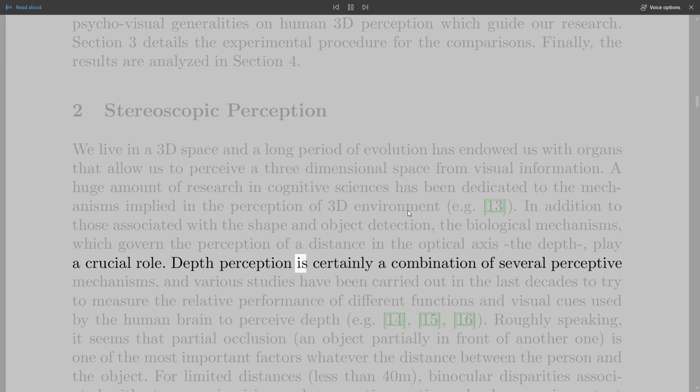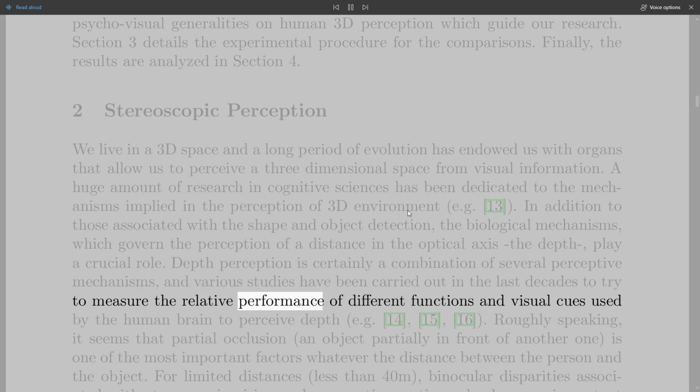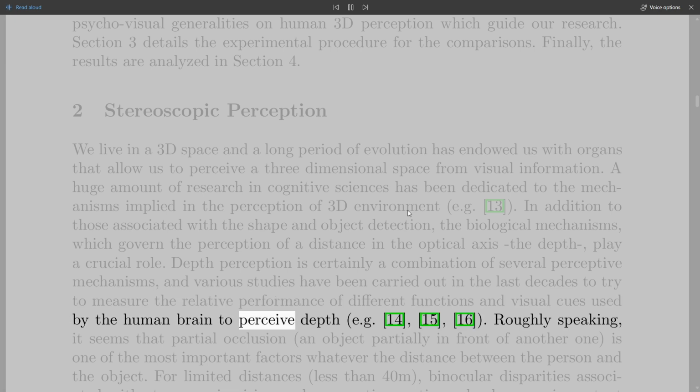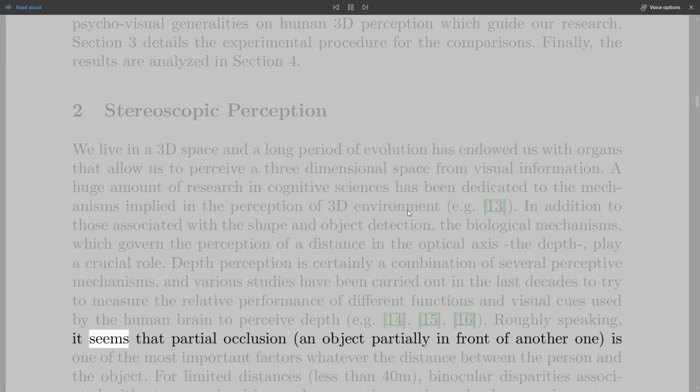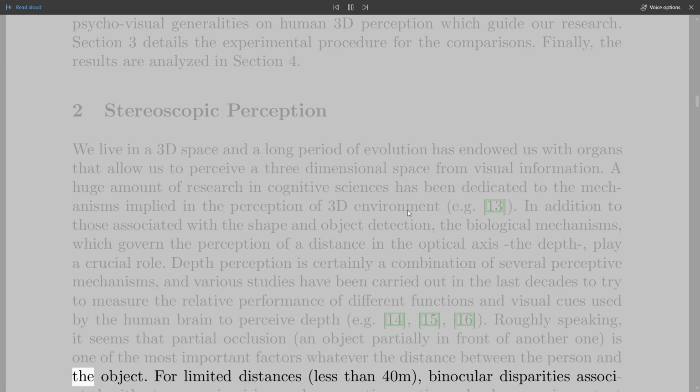Depth perception is certainly a combination of several perceptive mechanisms, and various studies have been carried out in the last decades to try to measure the relative performance of different functions and visual cues used by the human brain to perceive depth. Roughly speaking, it seems that partial occlusion, an object partially in front of another one, is one of the most important factors, whatever the distance between the person and the object.